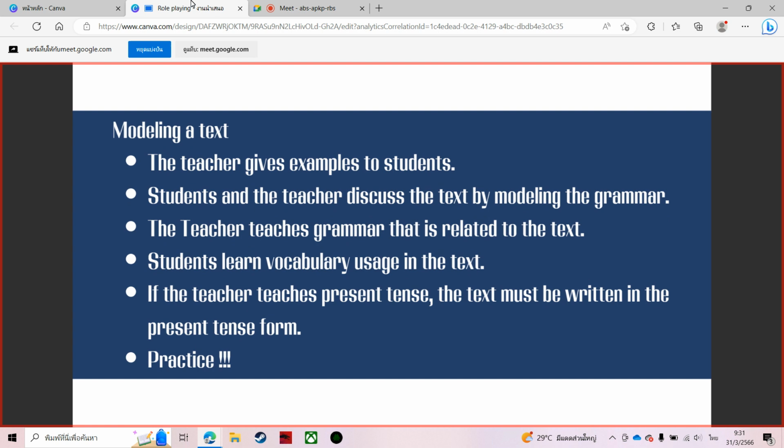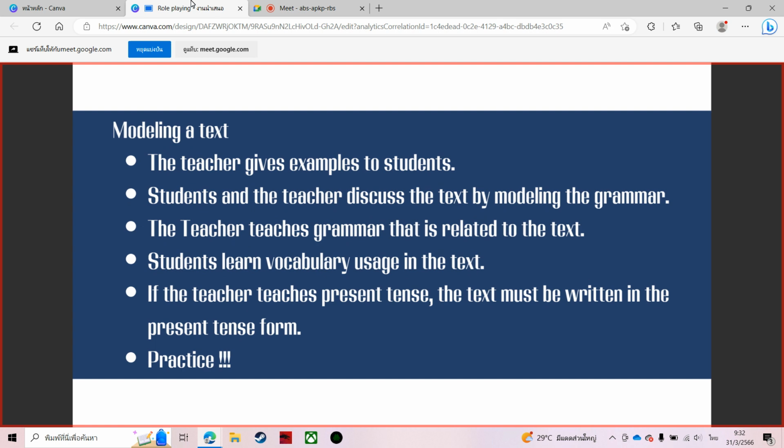Second, the student and the teacher discuss the text by modeling the grammar. They discuss the grammar structure of this text and why we use the present tense.